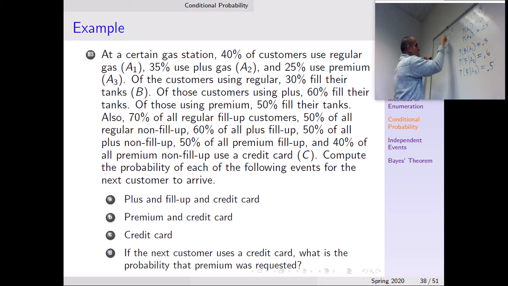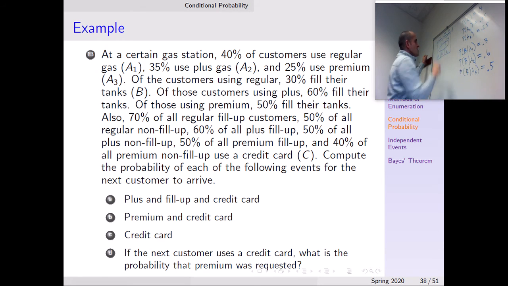Then what you have here is B, the collection of people that fill their tanks. Does that make sense? A1 is 0.4, A2 as a proportion of the entire sample space is 35%, and A3 is 25%.